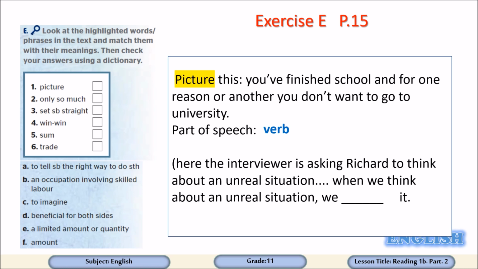Yes, excellent. He is asking Richard to think about an unreal situation. When we think about an unreal situation, yes, very good, we imagine it. So the answer will be C, to imagine. So picture here means to imagine.